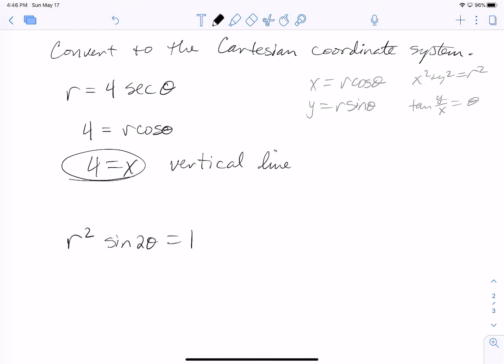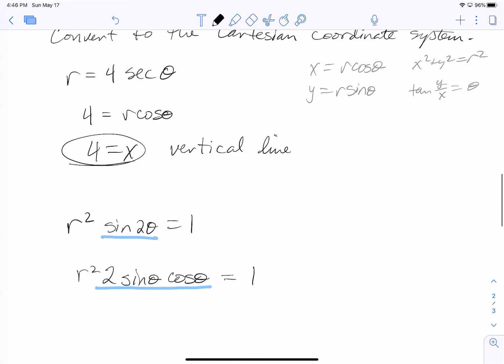Next up, r squared times the sine of 2 theta is equal to 1. Still keeping in mind these conversions, I don't see anything about a 2 theta here, but I know we have a double angle identity for the sine function. The sine of 2 theta can be expressed as 2 times the sine of theta times the cosine of theta. And so rewriting our equation, we have that times r squared is equal to 1.